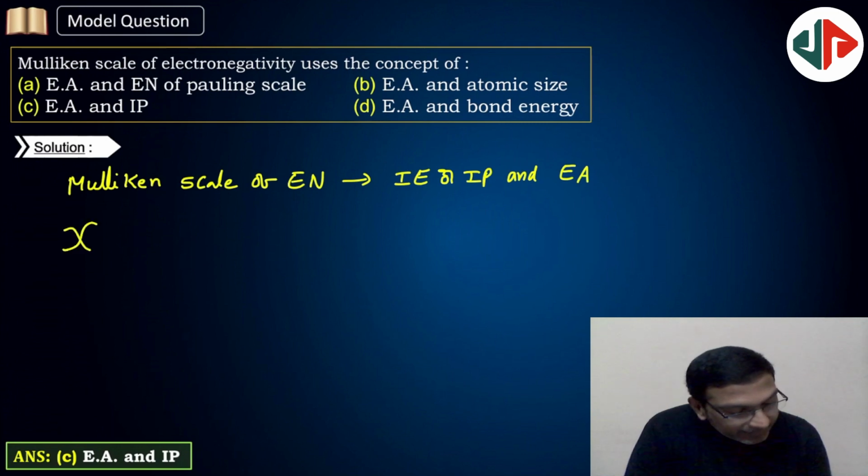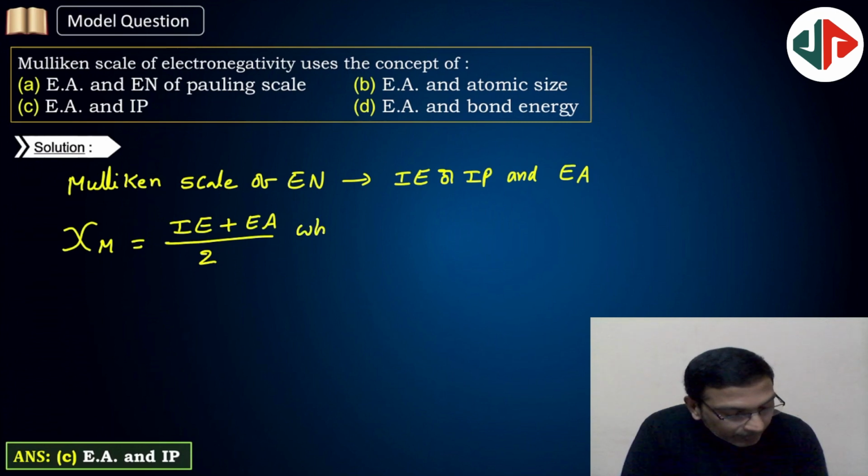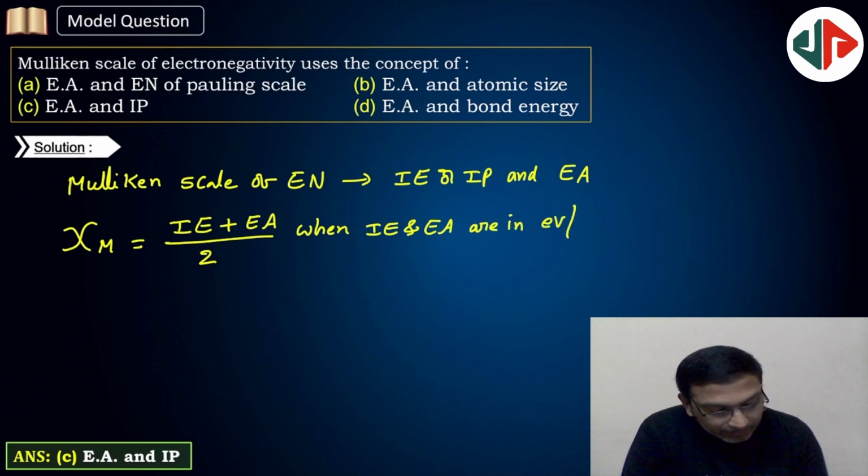So electronegativity on the Mulliken scale, Xm, equals IE plus EA by 2, when IE and EA are in electron volts per atom.